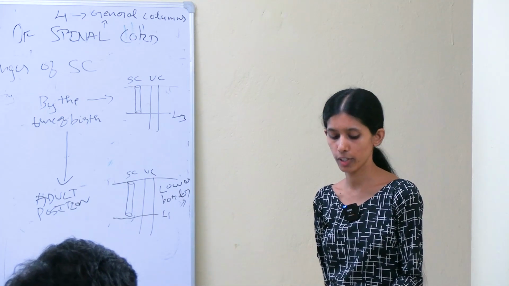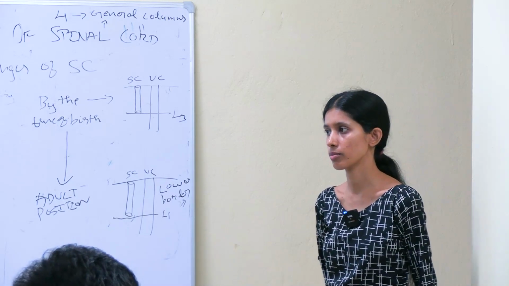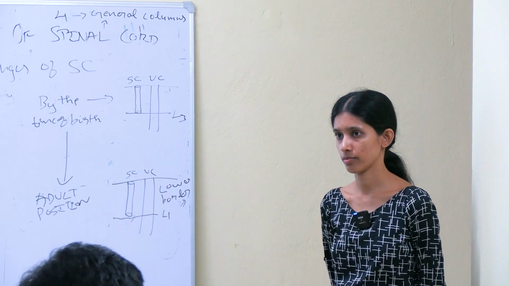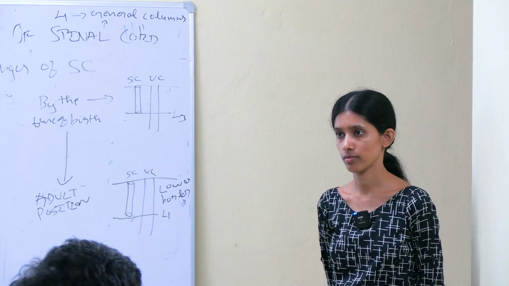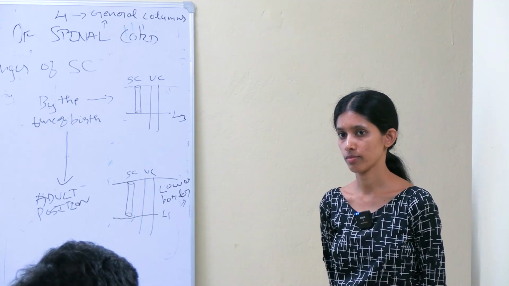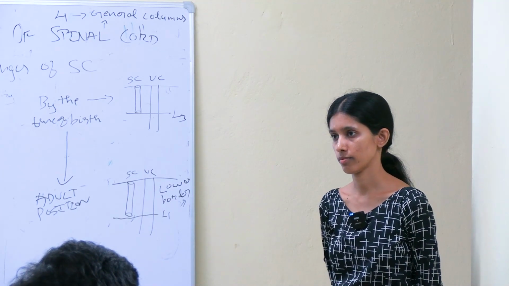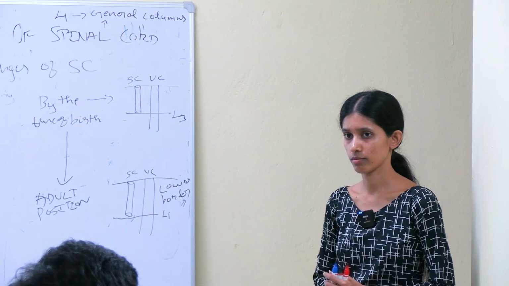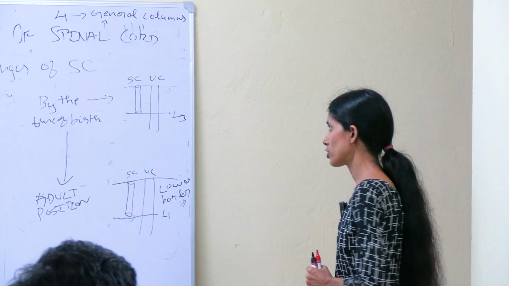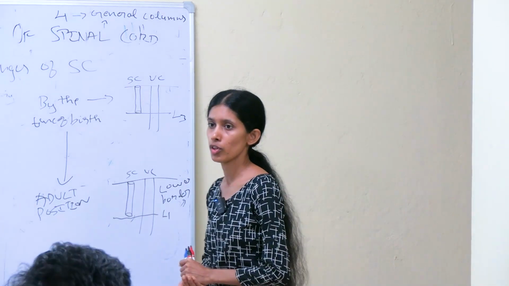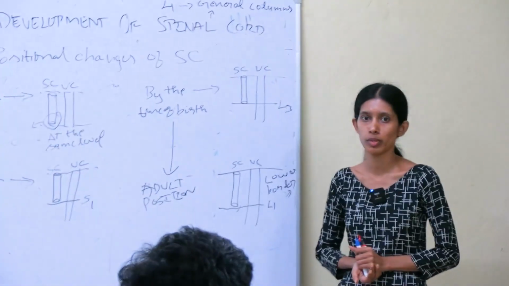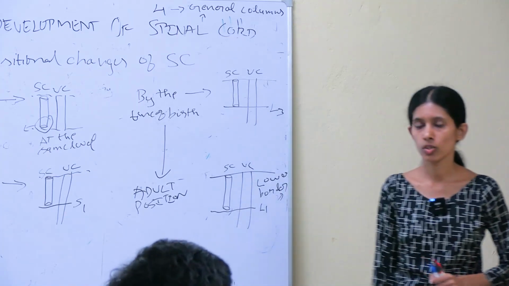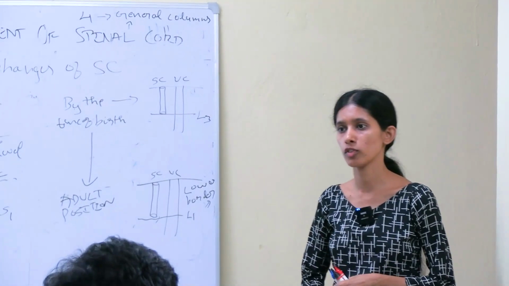Increase in the height of the individual. Go and check why the positional changes of your spinal cord take place. What is the purpose? Any doubts in this? So this finishes the development of the spinal cord.